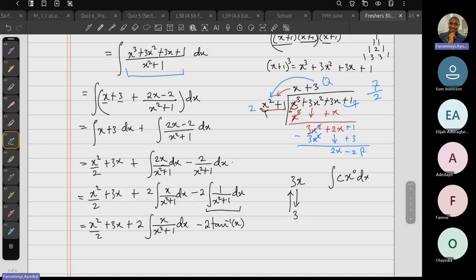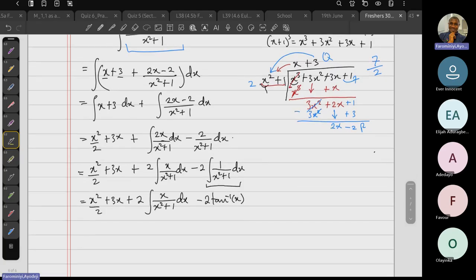And if you use the reverse power rule, this is c x to the 0 plus 1 over 0 plus 1. That is cx. So the derivative of a constant is 0, but the integral of a constant is constant times x.